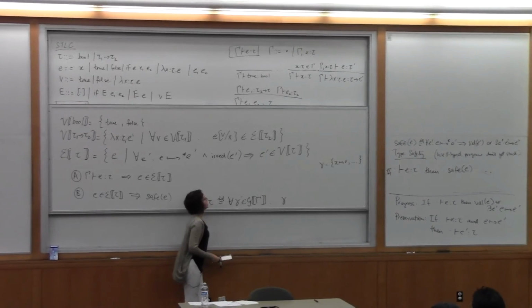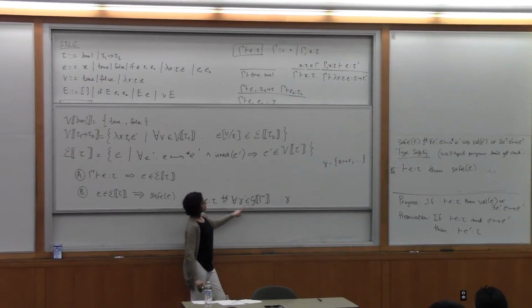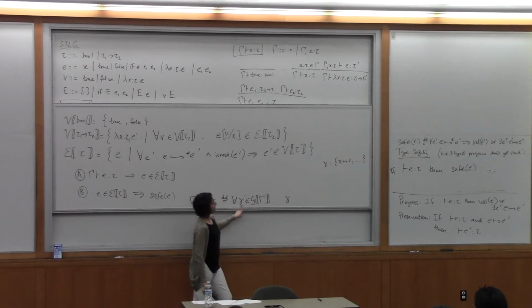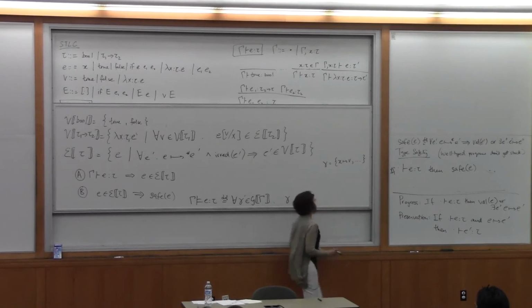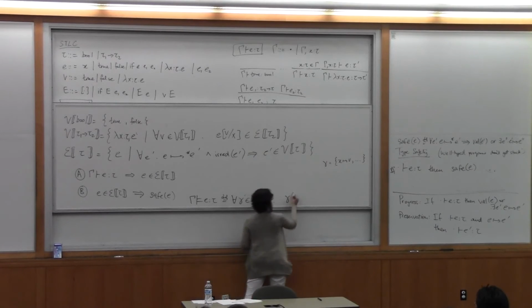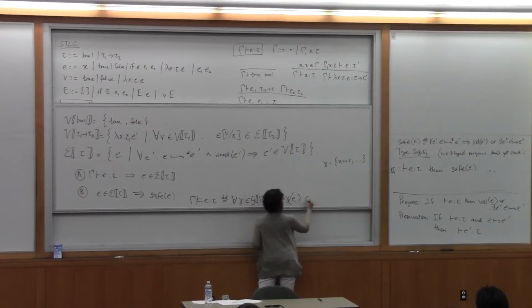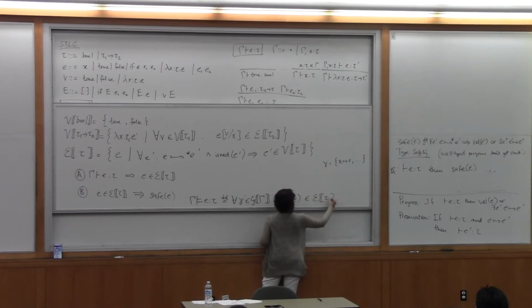Only I will want to define this G relation for gamma in a way so that all the values in the relation belong to the proper V of tau. If gamma says x has type tau, then this v should be in V of tau. Okay, we'll do that in a second. So then we want to take this closing substitution, use it to close our program, and then we can just use our closed logical relation as before.